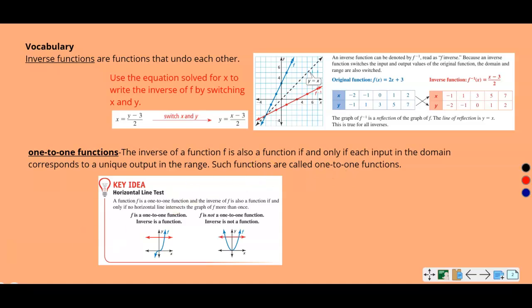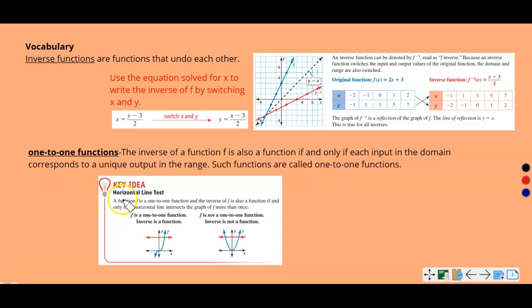All right, so the horizontal line test is going to be similar to something you've learned in the past. If you remember, the vertical line test was how we determined whether a relation was a function or not. Whether a set of ordered pairs, a table, or an equation was a function, we used the vertical line test to see if it would pass at most one point at a time, and if it did, it passed the vertical line test.